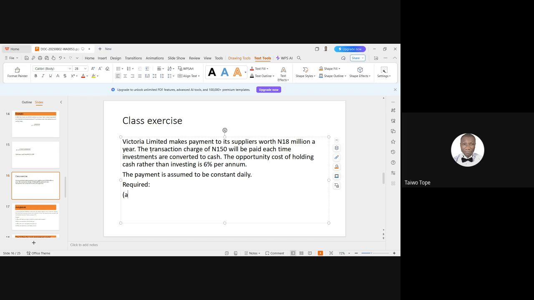A, we have it as: calculate what quantity of investments should be sold whenever cash is needed.